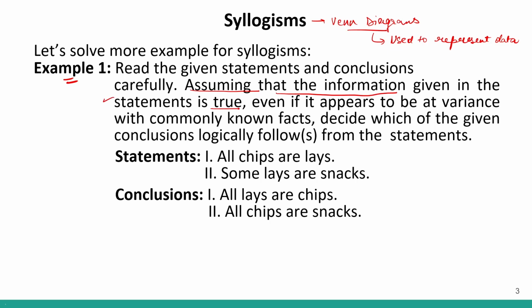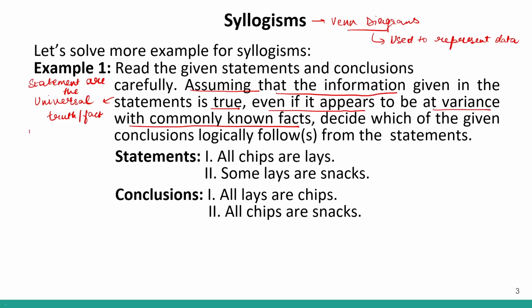So I've told you, whenever we solve questions on syllogisms, we take those statements as the universal truth, or you can call them universal fact. So statements are your universal truth or your universal fact, even if they appear to be at variance with commonly known facts.